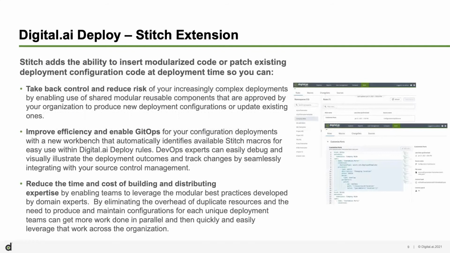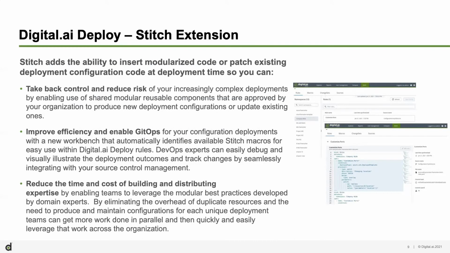The Stitch extension, again, as I mentioned on the previous slide, gives you this capability to insert modularized code or patch existing deployment configuration code at the deployment time. So just in time instrumentation, right when you're going to do the deployment. And what this helps you to do is take back control and reduce risk of these complex deployments.